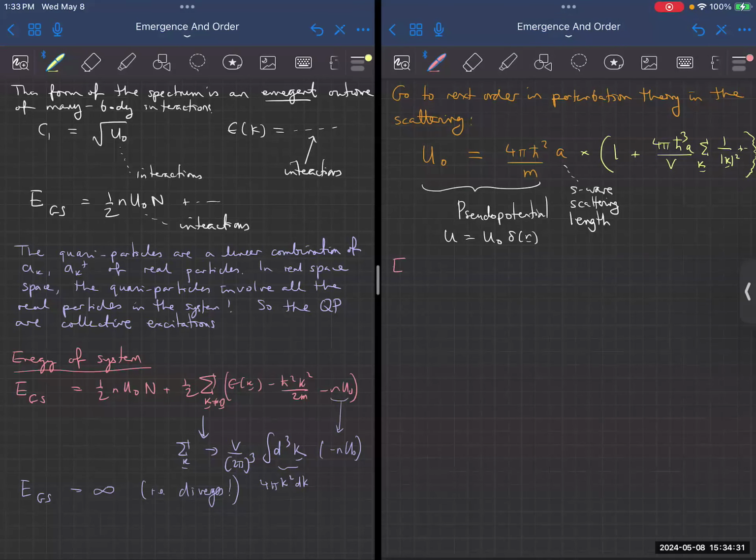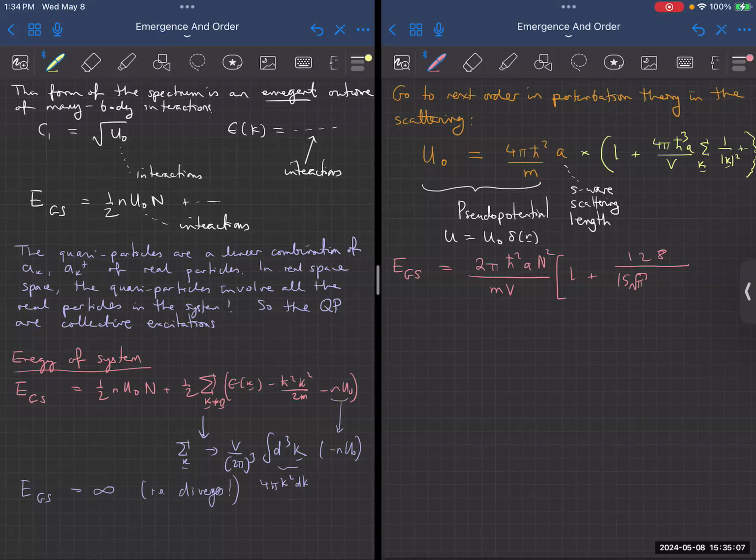So then if you compute the energy of the ground state, what you end up getting is something that is finite. And it looks like this: 2 pi h bar squared a n squared over mV times 1 plus 128 over 15 root pi times square root.